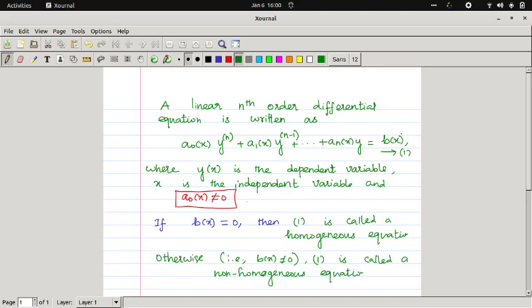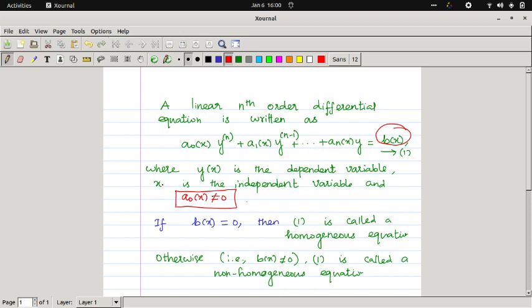Okay, suppose this guy is 0, we call it a linear differential equation. This guy is not equal to 0, we call it a non-linear differential equation.